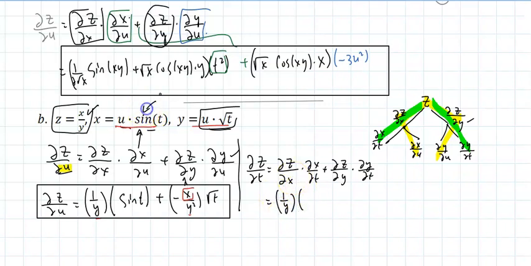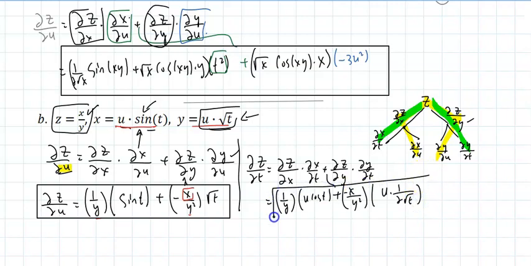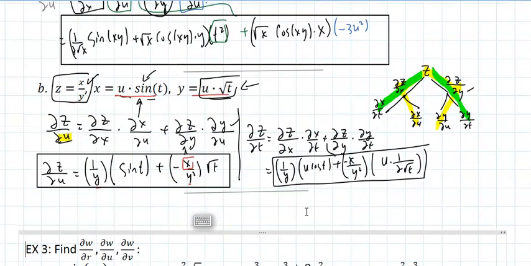But the partial of X with respect to T is U, the cosine of T, plus the partial of Z with respect to Y is negative X over Y squared, times the partial of Y with respect to T, that's U times 1 over twice radical T. And that's sufficient for what we need.